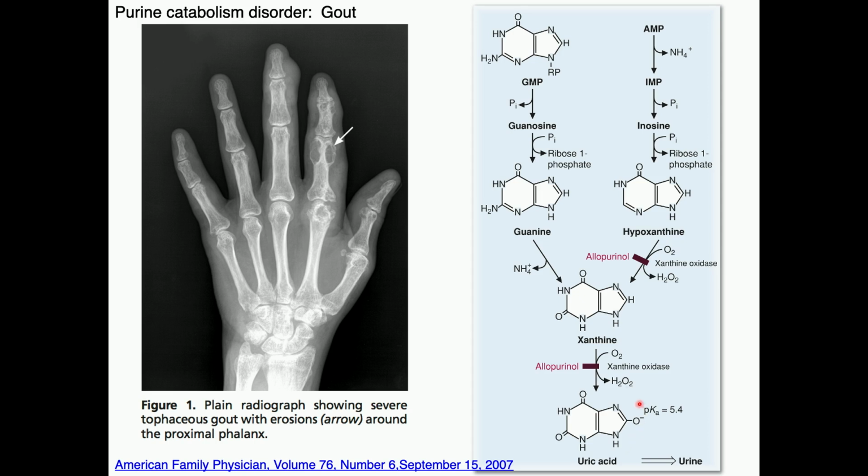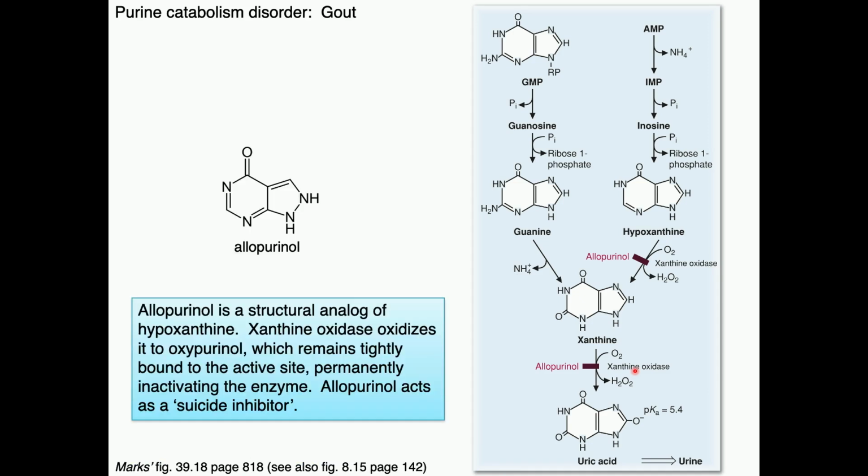Okay, so allopurinol acts as an inhibitor of the xanthine oxidase enzyme. It acts as a suicide inhibitor. It acts as a substrate of the enzyme. So the allopurinol itself is modified by xanthine oxidase, and it's made into a product.